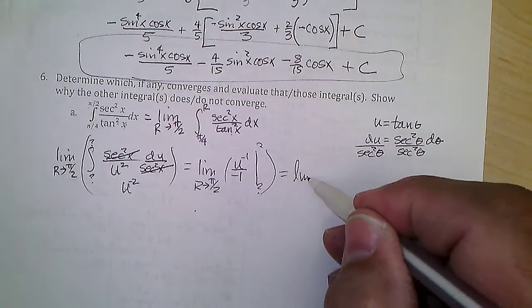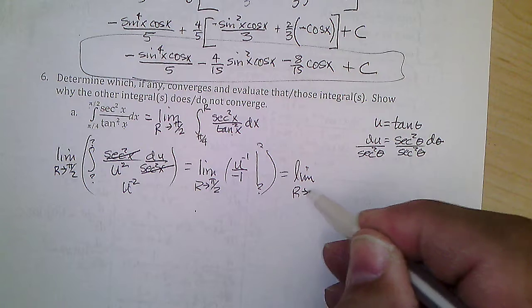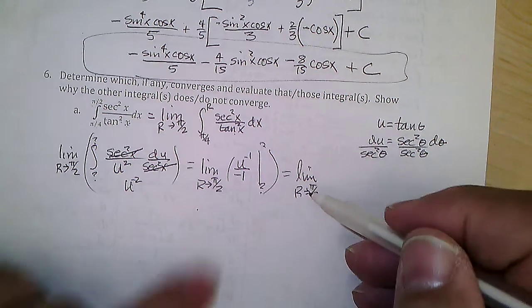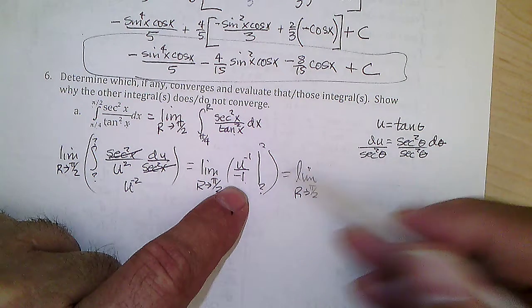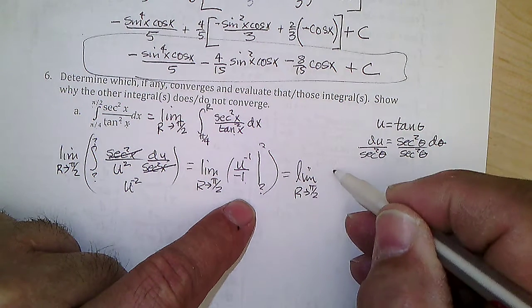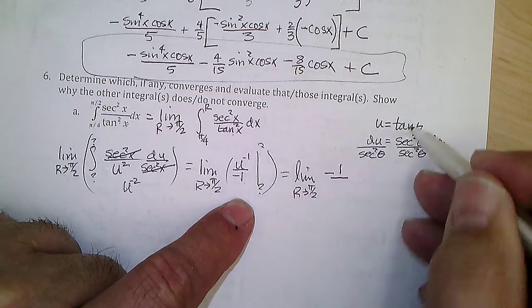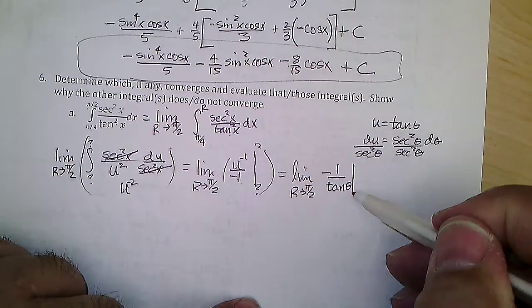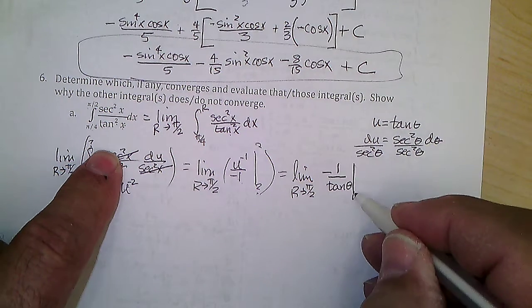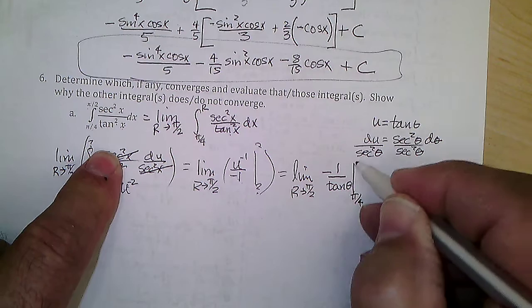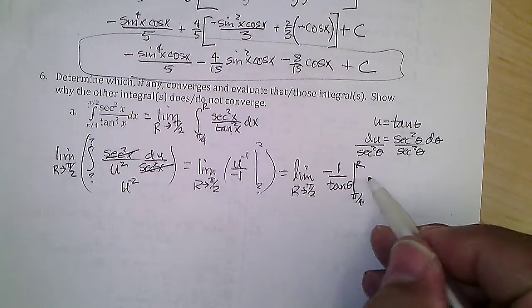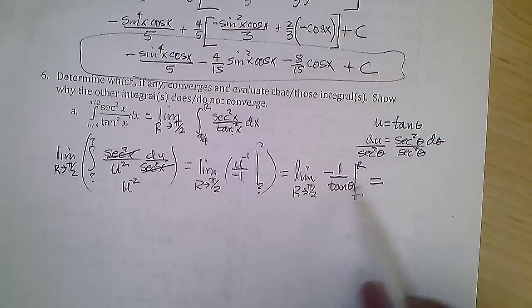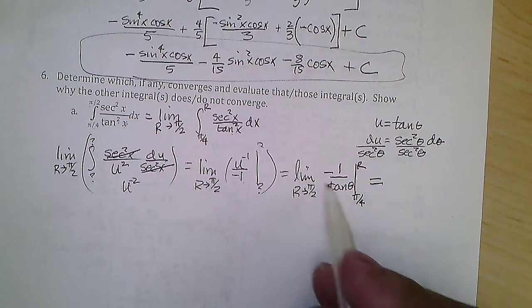I'm going to rewrite this as minus 1 over u, evaluated now back to pi over 4 to r. And then you need to plug in the r into this before you do the limit.